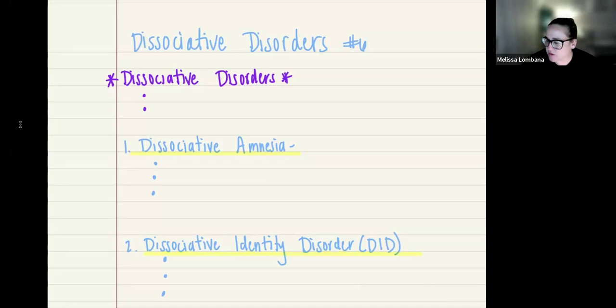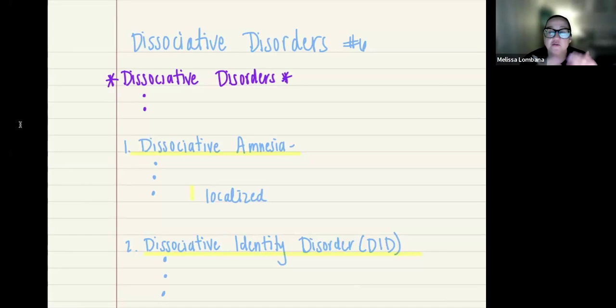So there is what's called localized, and I'll write it here, localized amnesia. Somebody with dissociative amnesia can have localized amnesia. And this is basically where it's the inability to remember certain events during a specific stretch of time.